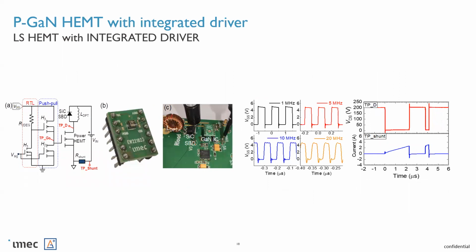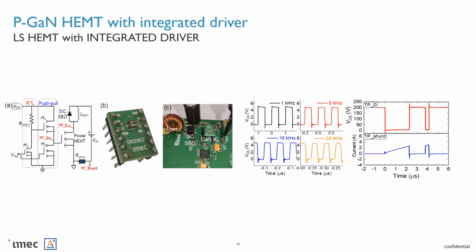Here I will just show you one low side HEMT with integrated driver. It is a basic output stage of a driver, and we have tested it in our lab up to 20 megahertz. Around 20 megahertz, it has some distortion. However, it works. And it's a double pulse test where we see that up to 10 megahertz, it's working very, very well.